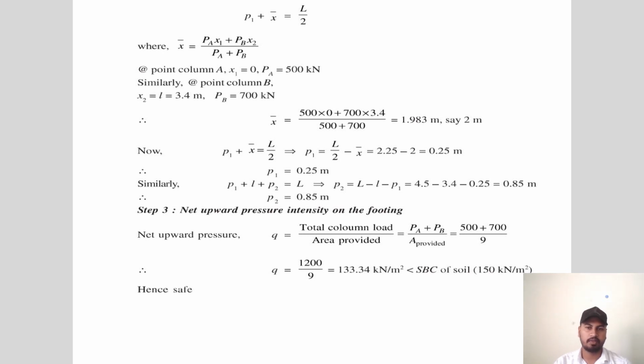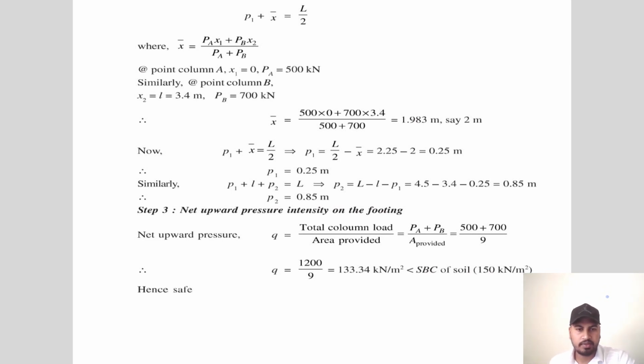So here the x bar will be 1.98, which we will consider as 2 meter. Here P1 plus x bar will be equal to L by 2. From here we get P1 as 0.25 meter. P1 plus L plus P2 gives the total length. From here we get P2 as 0.85 meter.